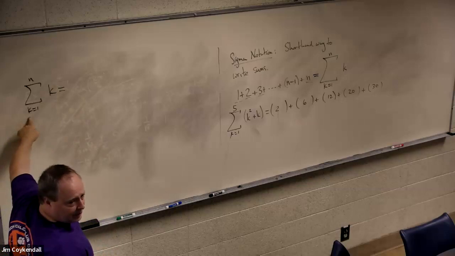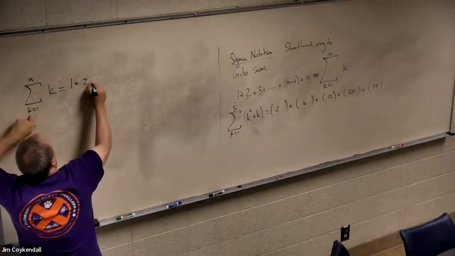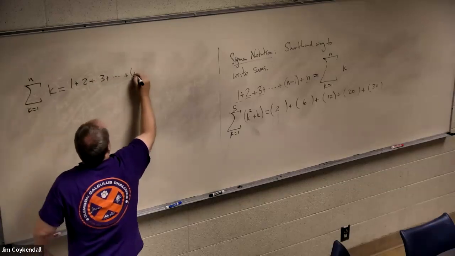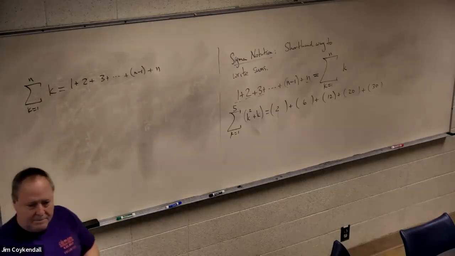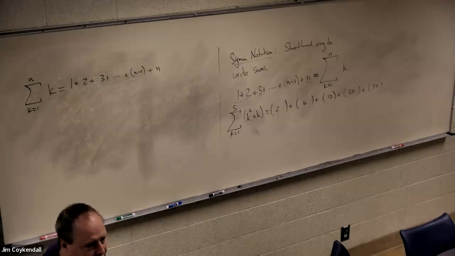This means that at first in case 1, case 2, 3, and then n minus 1, and then 5. Anybody know what this is?